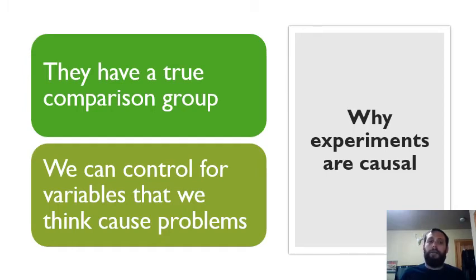We can say that everyone in the study has the same age, therefore we are controlling for this. There are a lot more reasons why experiments are causal, but these are the two main reasons that we're going to emphasize so that we can say that we have causal claims from our independent variable leading to our dependent variable in an experimental study.